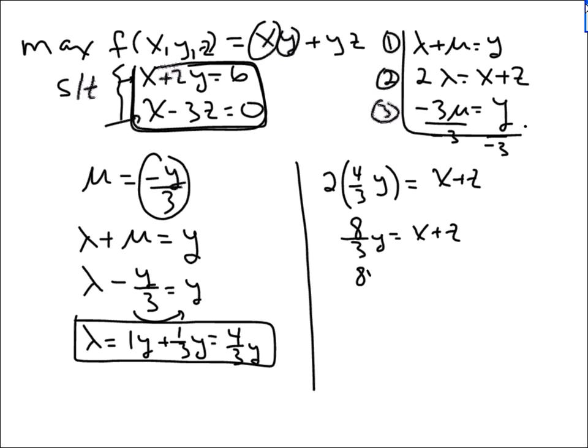Multiplying both sides by 3, we get 8y equals 3x plus 3z. But that tells me that bringing the 8y over, 3x minus 8y plus 3z is 0.